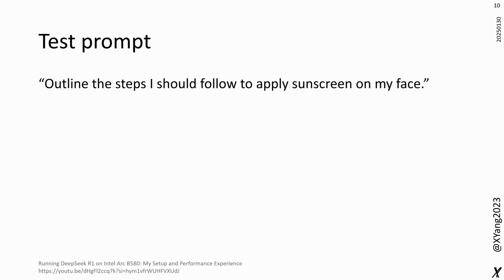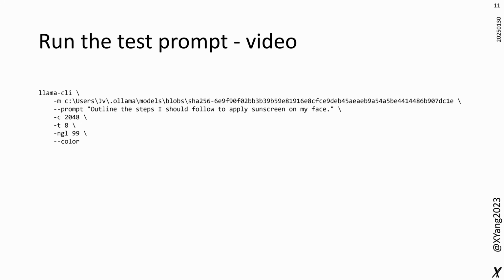Again, I used the same test prompt as last time. Here is the llama.cpp command to execute the prompt. I used a context size of 2048 tokens, which is the default setting for Ollama. Let's see it in action.